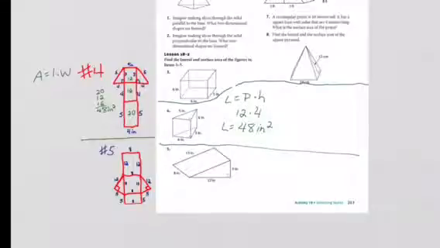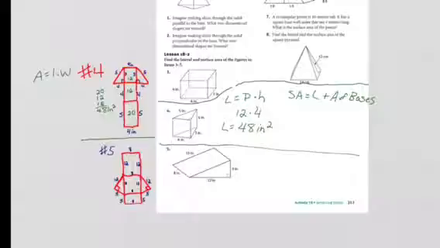So the surface area equals the lateral area plus the area of the bases. We already know the lateral area is 48. Now let's find the area of those two triangles.